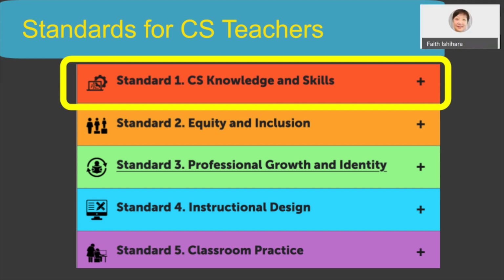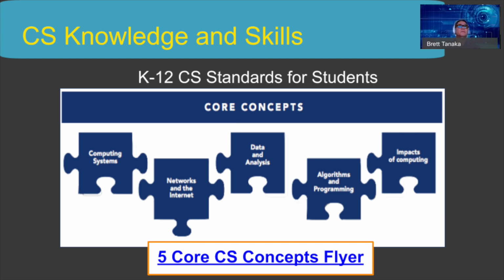Let's start off with Standard 1, which is Computer Science Knowledge and Skills, that focuses on the computer science content and practices that are aligned to the K-12 Computer Science Framework Standard. As a refresher, here are the 5 core concepts from the K-12 Computer Science Standards for students that we covered in our Excellence module presentation yesterday.